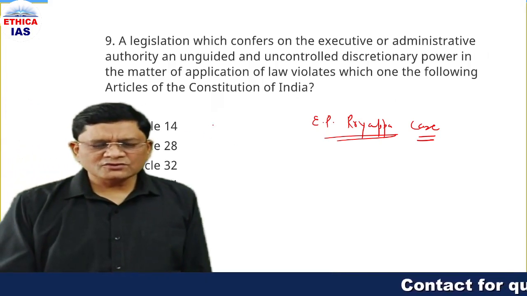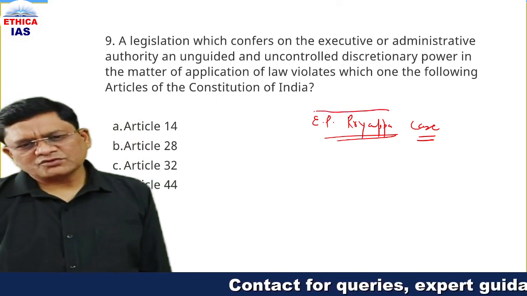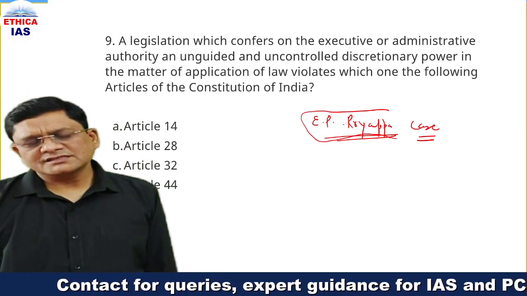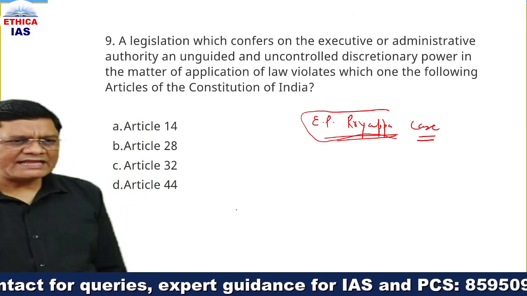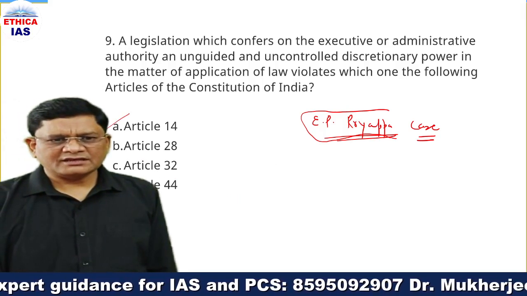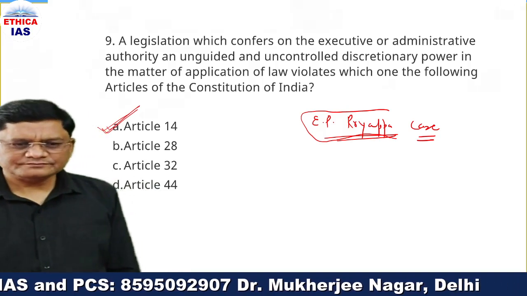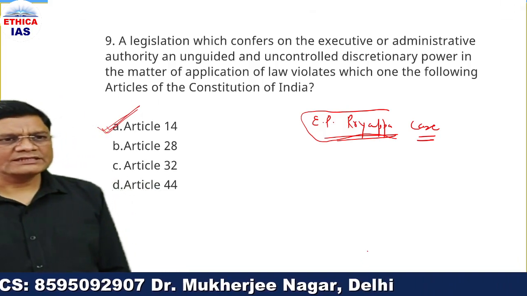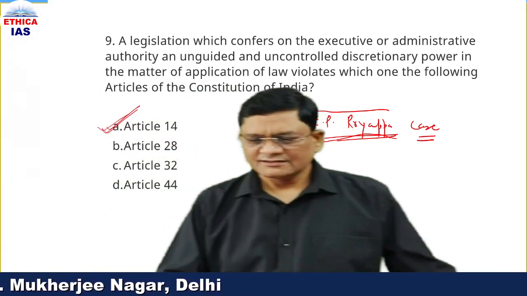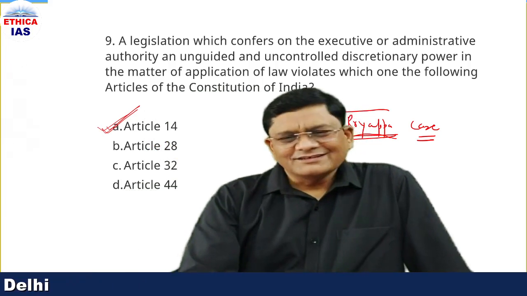So it is against the rule of law. The Supreme Court clearly stated that arbitrariness is against Article 14, so the answer is Article 14. A very good question, and also very simple in nature.